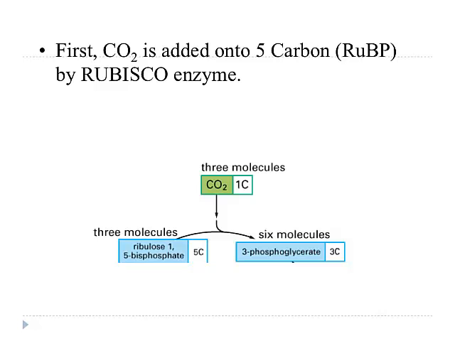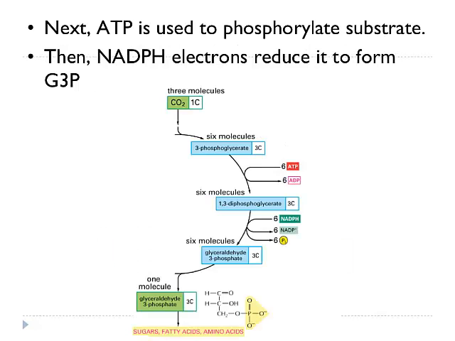That reaction actually requires the combination of 3 of each of these molecules, so in one cycle you need 3 carbon dioxide molecules, which combine with 3 of the ribulose 1,5-bisphosphate, and you end up with 6 of the 3-phosphoglycerate molecules.